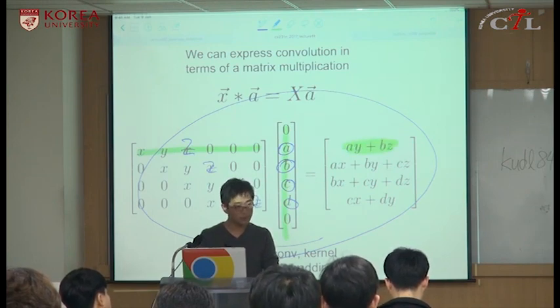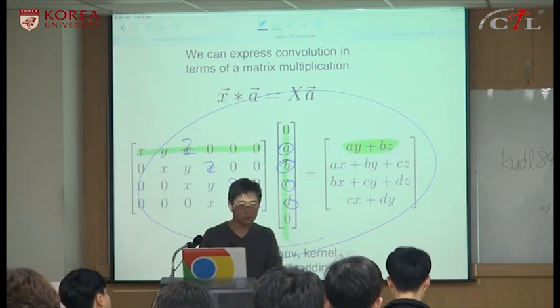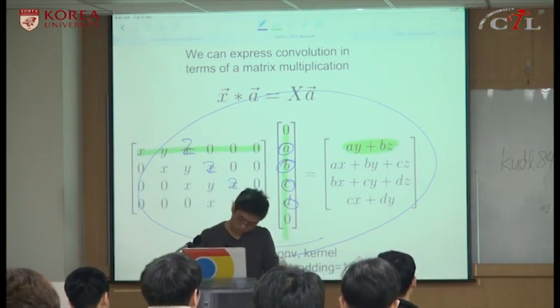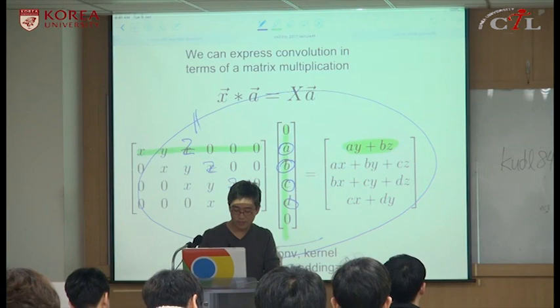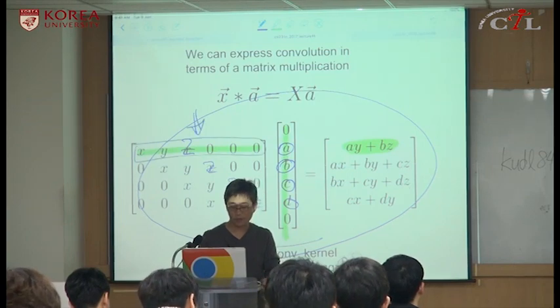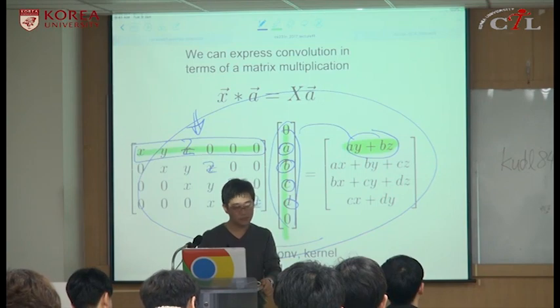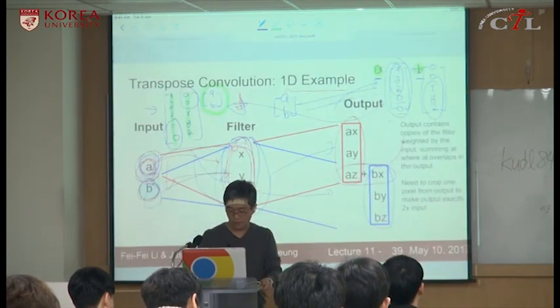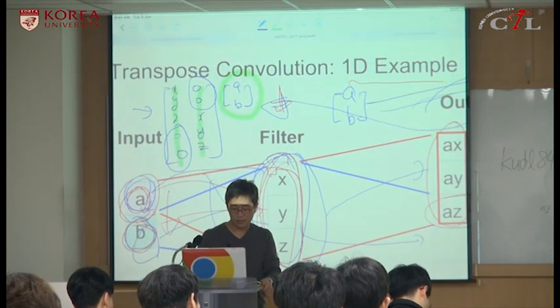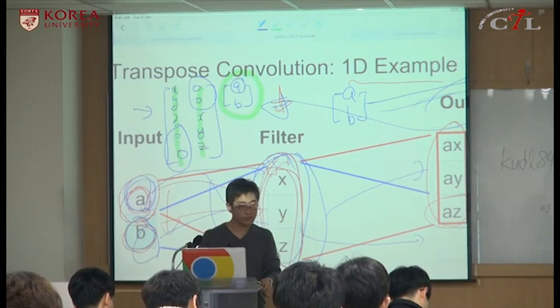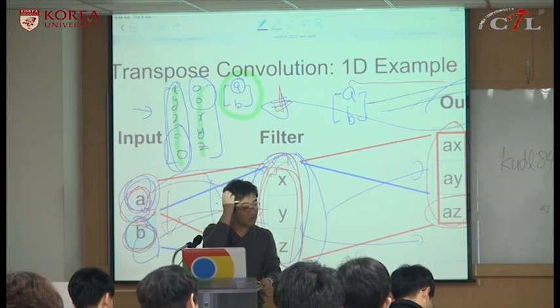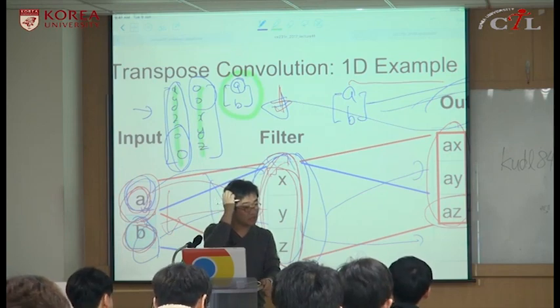So in this case, this kind of convolution can be viewed as this row vector times column vector to produce a single scalar value. But in the case of deconvolution, we now think of it as the scalar multiple of this guy with this column vector that is defined as our filter coefficient.